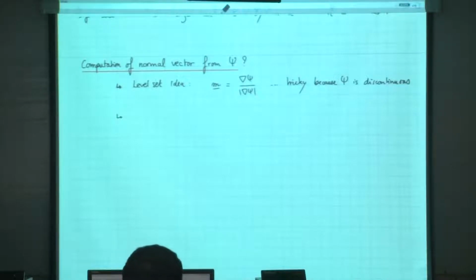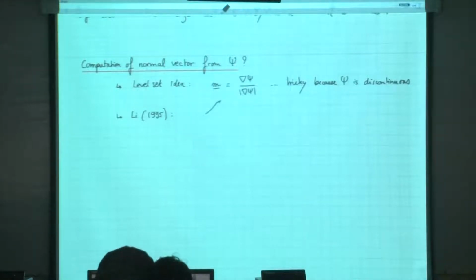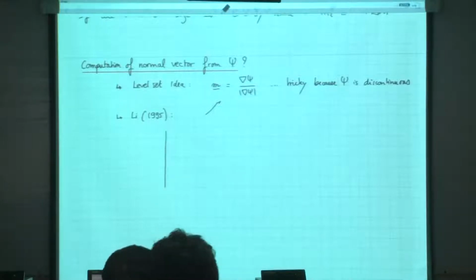So I'll describe briefly a few methods. Lee, 1995. I think we mentioned that briefly, so I'll just do a quick sketch of it. The idea is to use a direct calculation of the gradient, so essentially a discretization of this based on the following idea.